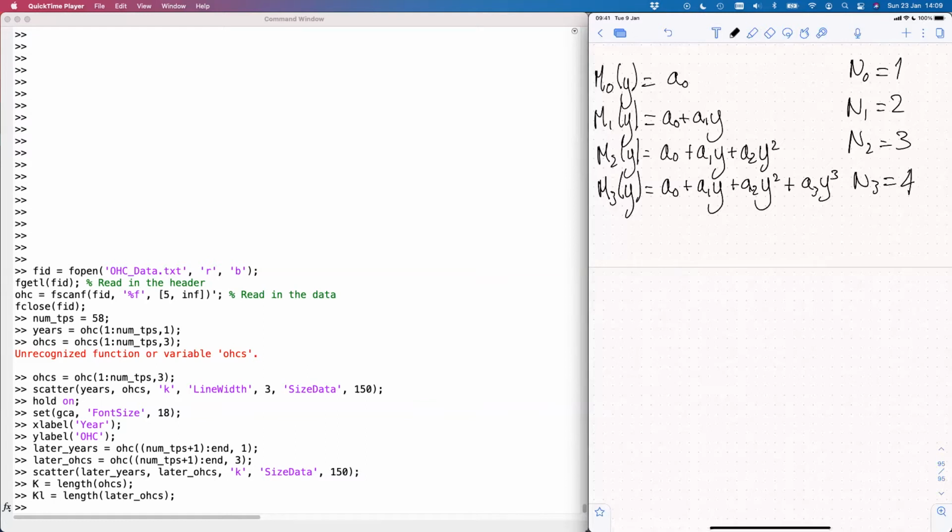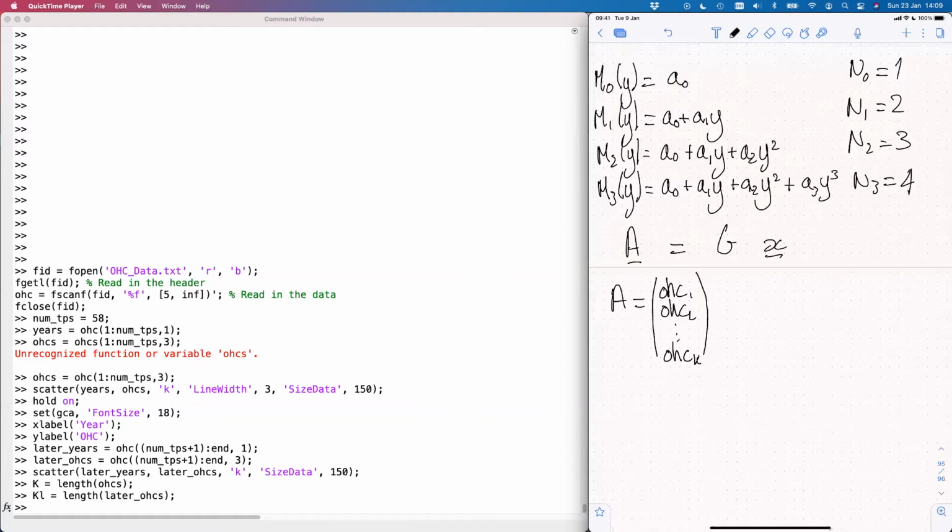In other words, we're going to solve the matrix equation A, that's our list of measurements, equals G, some design matrix, times our list of unknown parameters, X. And so our list of measurements then is simply the OHCs. So that's the vector that I've called OHCs in MATLAB, OHC1, OHC2, down to OHC big K.